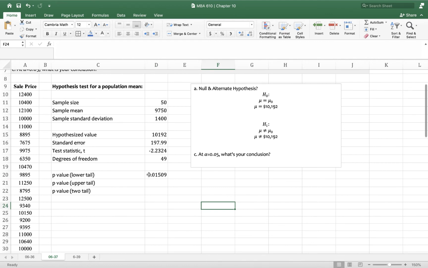So that means that 1.5% of all observations in that t-distribution would fall below 2.23 t-stat values away from the mean.